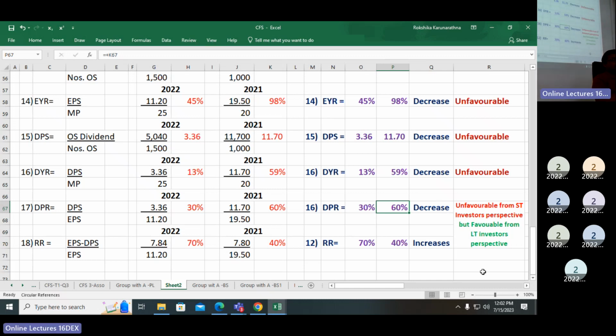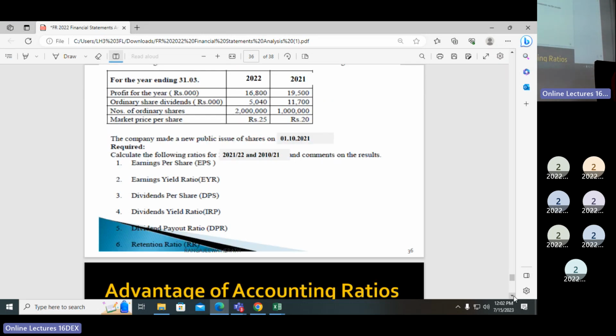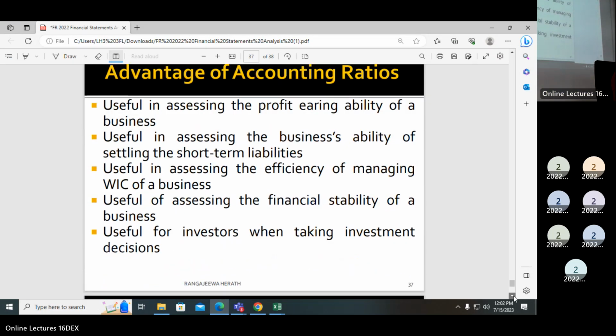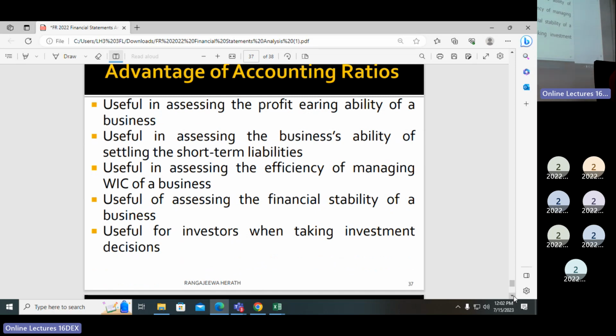Then now we discuss 5 types of accounting ratios: profitability, liquidity, working capital management, long-term financial stability, and investors ratios. එතකොට මේ ටිකම අපිට කියන්න පුළුවන් මේ accounting ratios වල තියෙන advantages. Useful in assessing the profit earning ability of the business. Useful in assessing the business's ability of settling short-term liability, liquidity ratio.